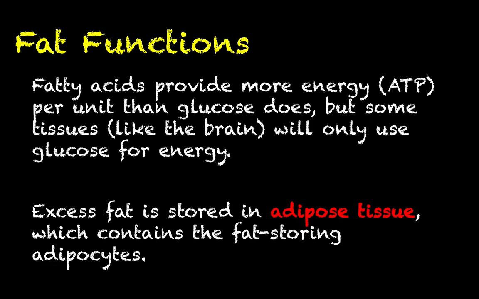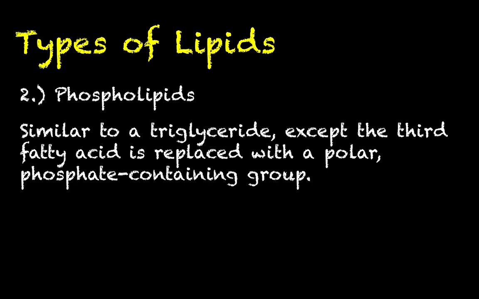Similar to what we saw with excess glucose, which can be stored as glycogen in liver and skeletal muscle, excess fatty acids and triglycerides are stored in adipose tissue as large fat droplets that are stored in cells called adipocytes. And we will look a little bit more at this in Chapter 4.